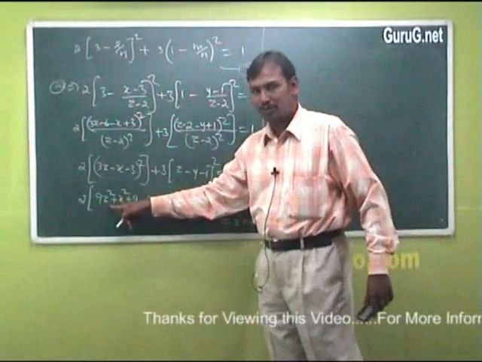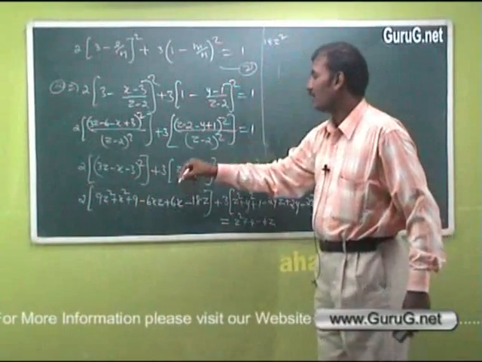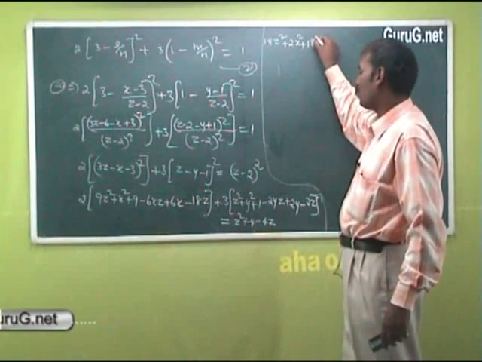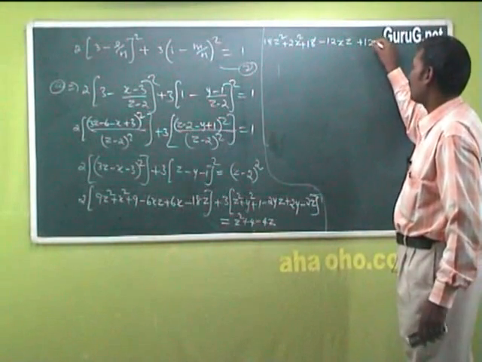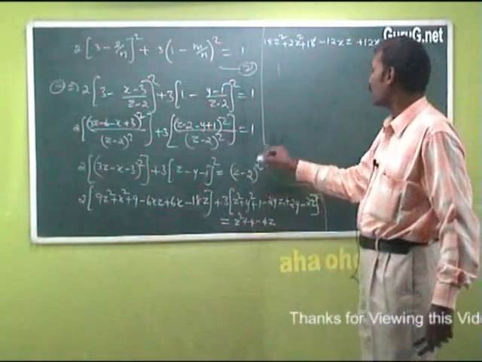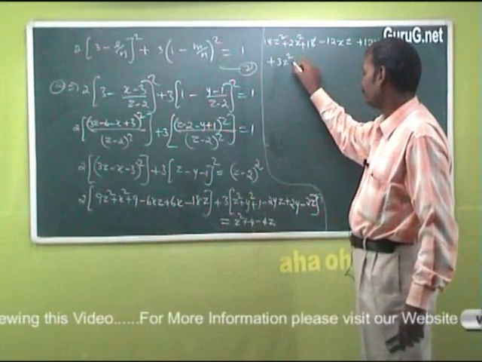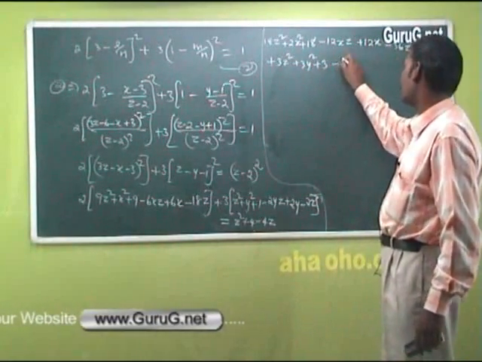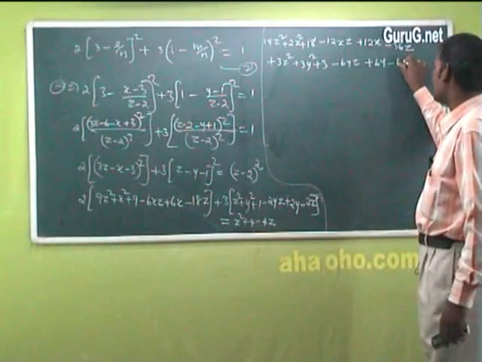So we multiply it by 2. So 18z square and plus 2x square plus 18 minus 12xz plus 12x minus 36z, and plus multiplied by 3, 3z square plus 3y square plus 3 minus 6yz plus 6y minus 6z.